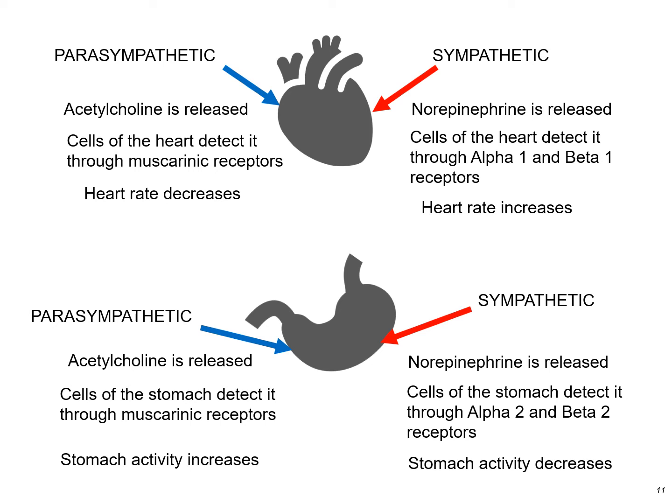Once you have this all laid out in molecular terms, now I hope it makes perfect sense that when the hypothalamus decides to send parasympathetic nerve impulses through all the circuits, the craniosacral motor nerves, heart rate will decrease, stomach activity will increase.